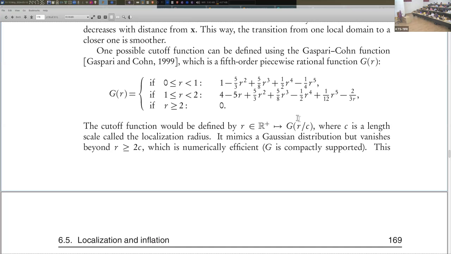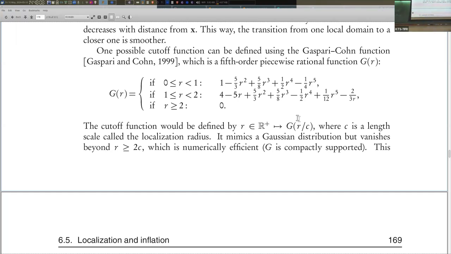In the case of the Lorentz 96 model that we were discussing in the morning, x0, x1, x2, and so on, it's basically just the index. So for x1 and x7, the distance R is the absolute value of 1 minus 7, so 6, and so on. And then the C sets a scale: how many grid points do you want to call 0, and how many do you want to set to non-zero?